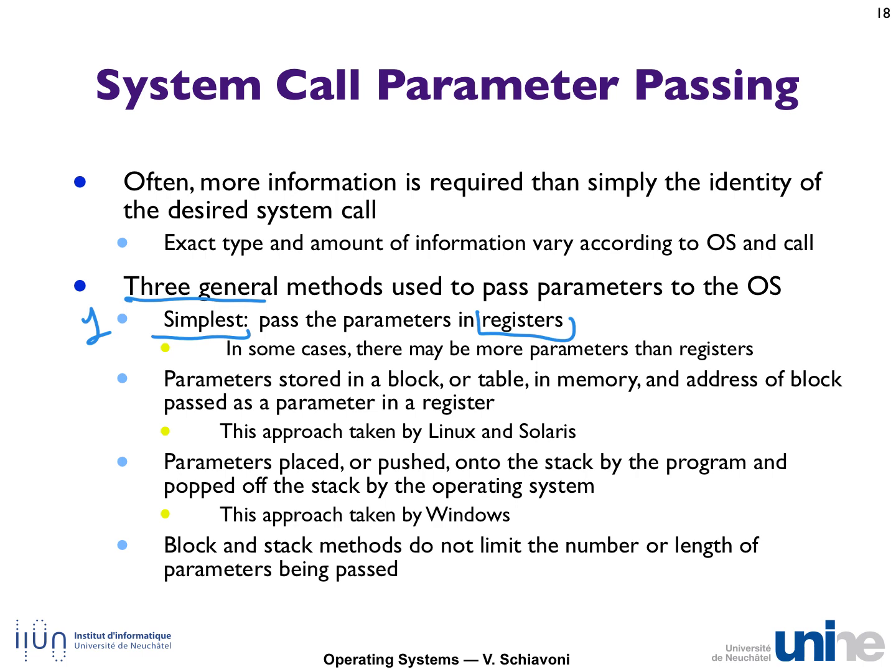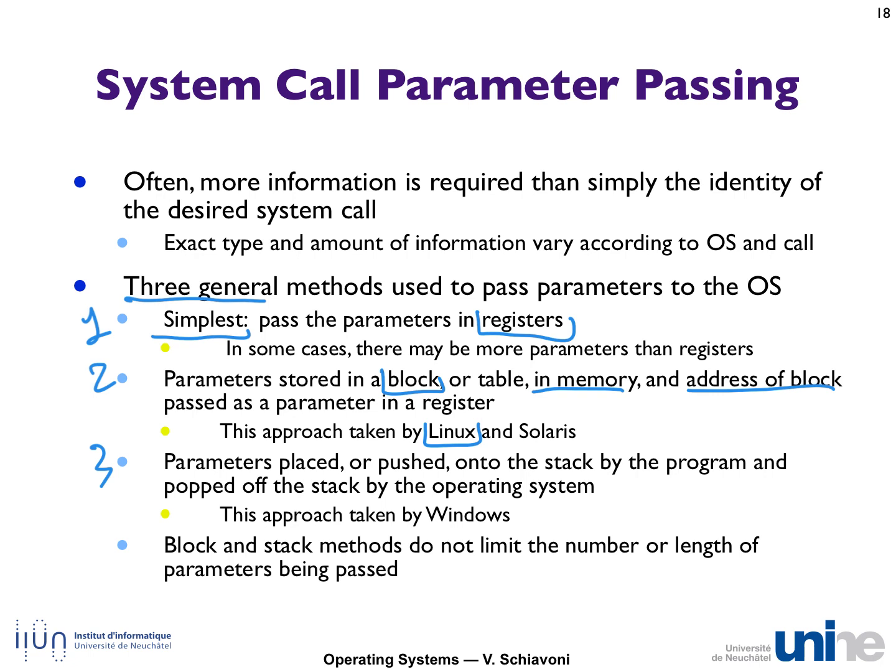And in some cases, there may even be more parameters than registers. So what do you do? The second possibility is to store them in what we call a block or a table directly in memory. And then you pass the address of that block as a parameter in a register. This is what Linux does.